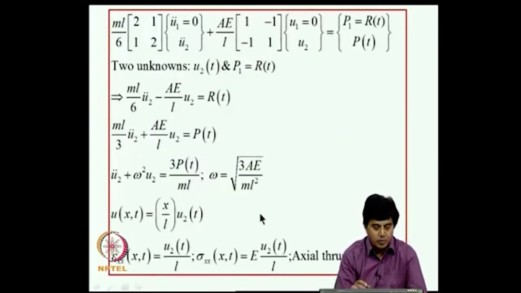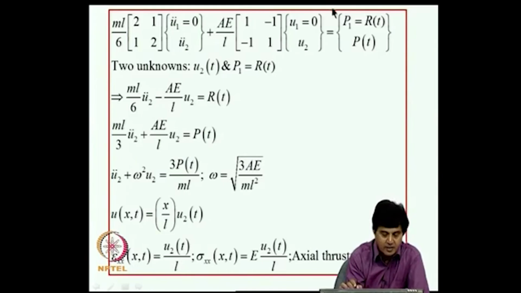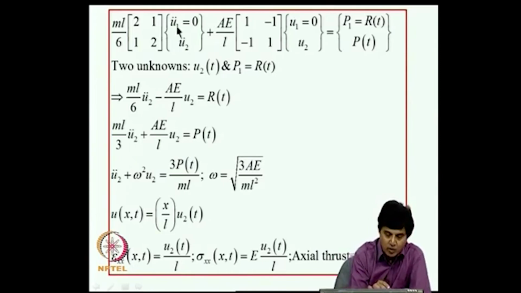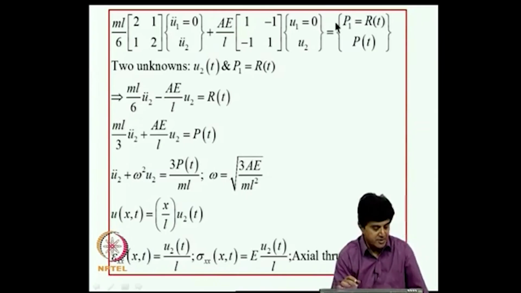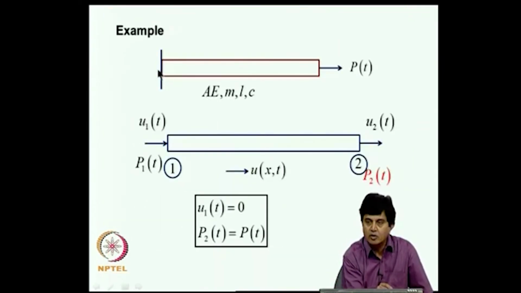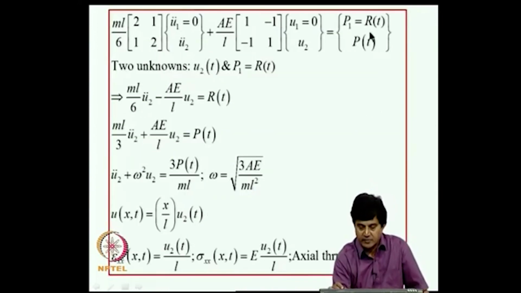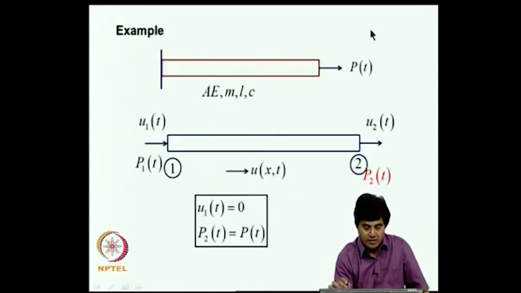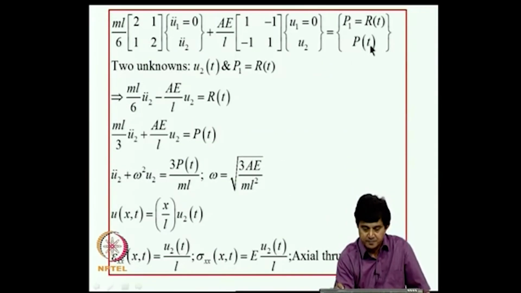Now, if I put that into my governing equation for the element, I get u1 double dot is 0, u1 is 0, and at p1, that means at this end, there will be an unknown reaction. Okay. So, that is r of t, which is not known. On the other hand, there is an applied force that remains as p of t, and u2 of t is not known.